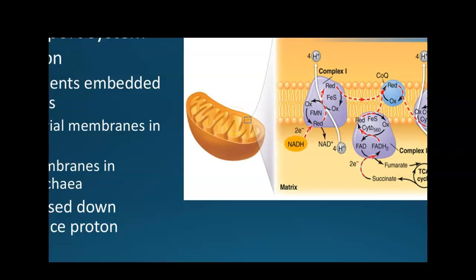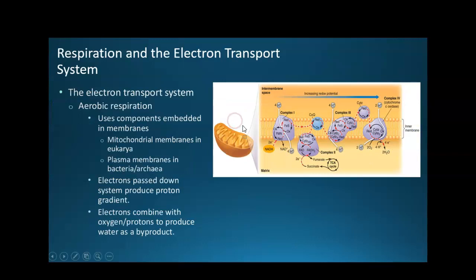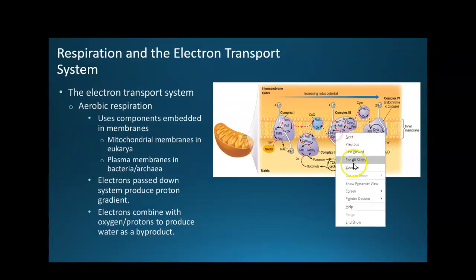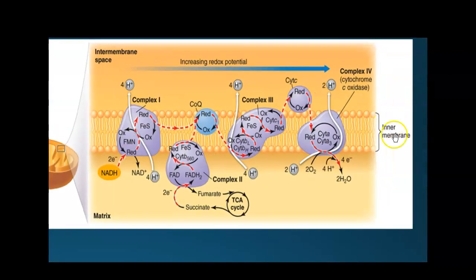If you don't remember the basic structure of a mitochondrion, it has an outer membrane and an inner membrane with these folds, cristae there. The components of the electron transport chain or system in a eukaryotic cell are located in that inner membrane. So notice, the inner membrane is where we're going to house these components.